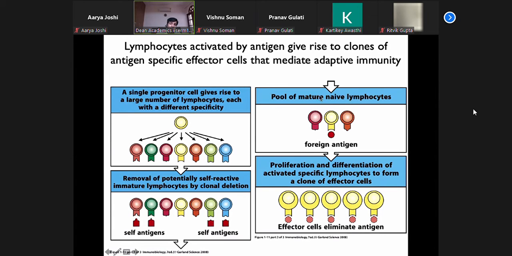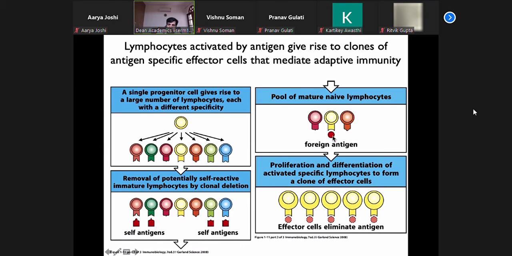Once these are present in the periphery, they are waiting for the antigen to come and activate them. Once the antigen comes and you have the right signal given to your T cells or B cells, there is a proliferation, a burst of lymphocytes of only this kind of specificity, because this is decided by the foreign antigen interacting with this specific receptor. This is not going to stimulate the other cells.